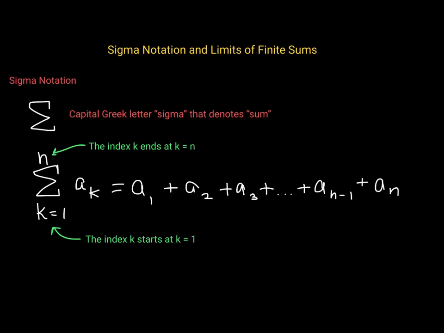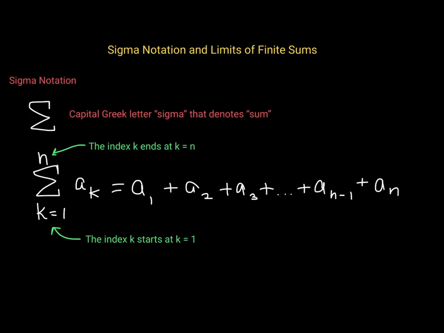The index of summation does not have to start at 1. Most commonly it starts at 0 or 1, but it could start at any value. And the letter chosen to represent your index of summation doesn't have to be k, but the letters most commonly used are i, j, and k.